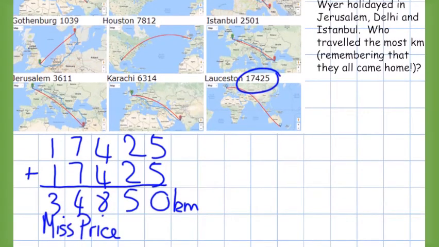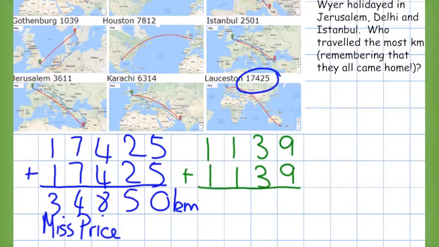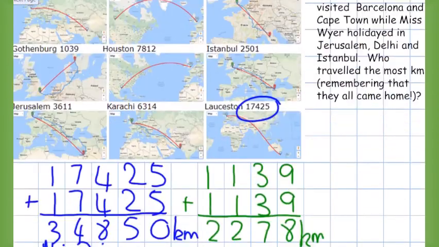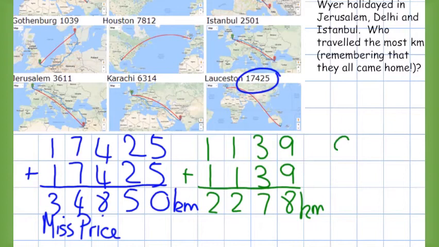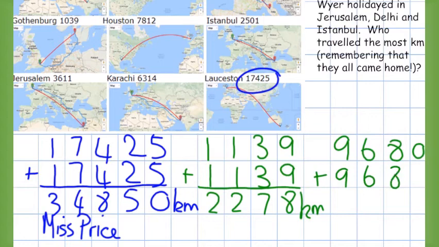So my return trip to Barcelona was 2,278 kilometres, and Cape Town 9,680 times 2, 9,680, add 9,680, was 19,360, and then I need to add those two together.